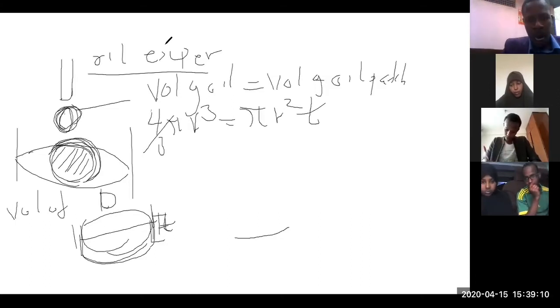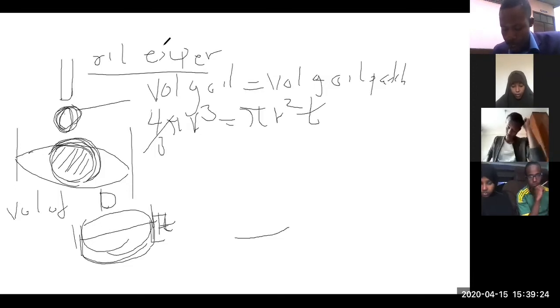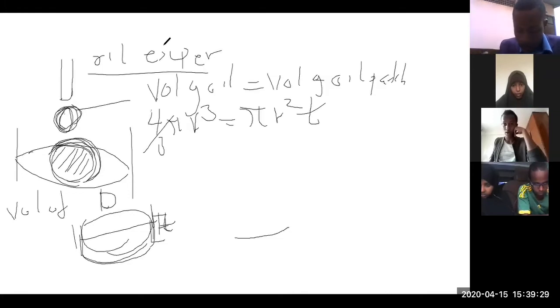If we go back to the question, we are told 100 oil drops of density are found to have a total mass of 2 times 10 raised to power negative 4 kg. So that means for a single oil drop, we can get its mass.